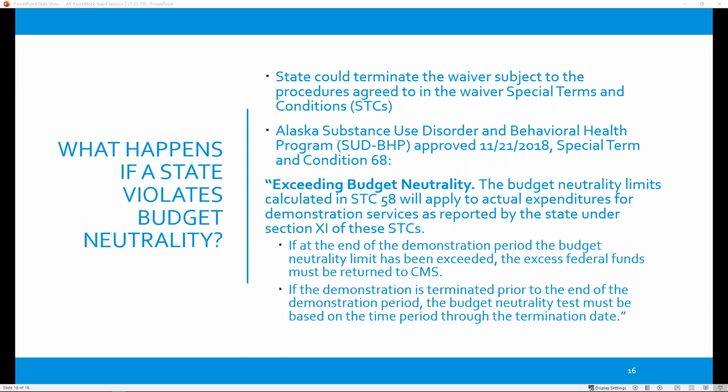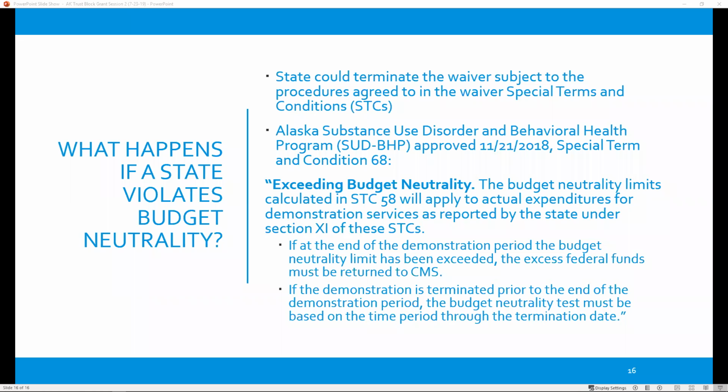Are we including the population that's in the SUD waiver that you've already got in the block grant waiver or not? Are we including the services, IMD or otherwise, in the block grant waiver or not? Some of those questions you'd have to answer as a state when you're proposing. But is that the right answer? Nobody knows. There's no precedent, right?